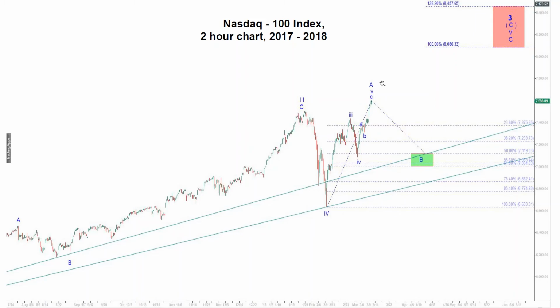So in any case we should start the move down in corrective B pretty fast. Again, in case of a bullish count, B may stop here around 50 to 61.8% of the retrace of that move up. In case of a bearish count, where it was A of 4, that move up was B of 4, that C of 4 should get under that low, or maybe just double test that low around 66.33.